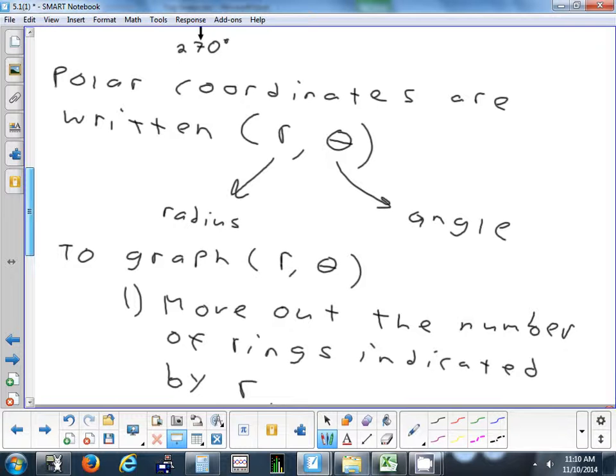Now, just like when you have an x-coordinate, there are two different directions you can move in, depending on if x is a positive number or a negative number. Well, we have the same idea here for r. Depending on if r is a positive number or a negative number, we either start by going to the right from the pole, or we go to the left.